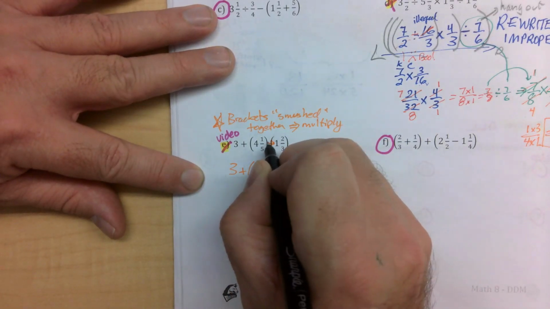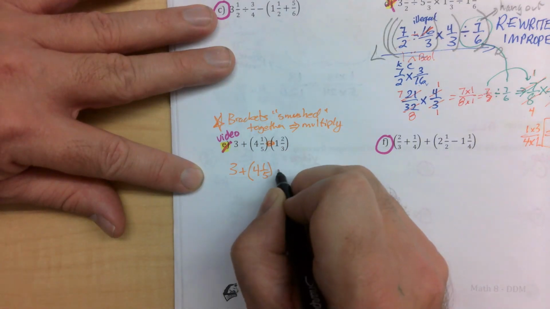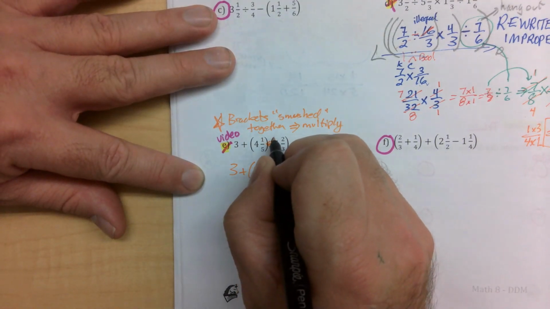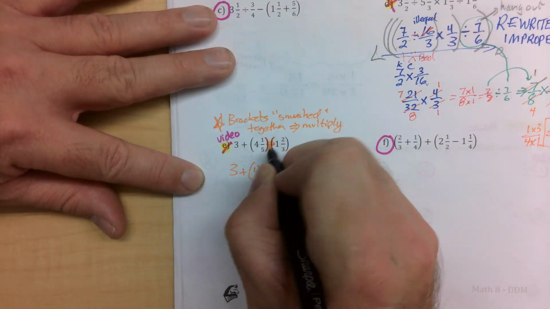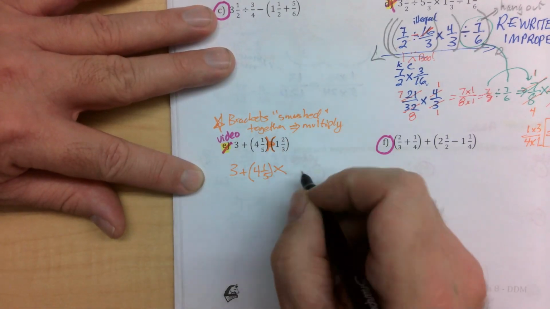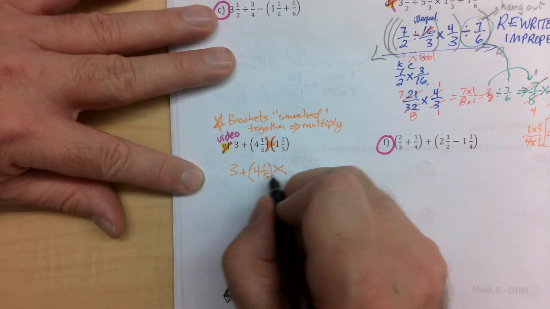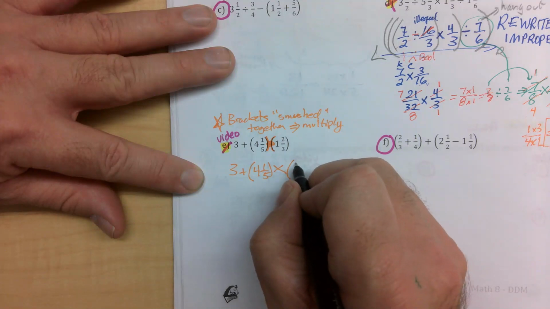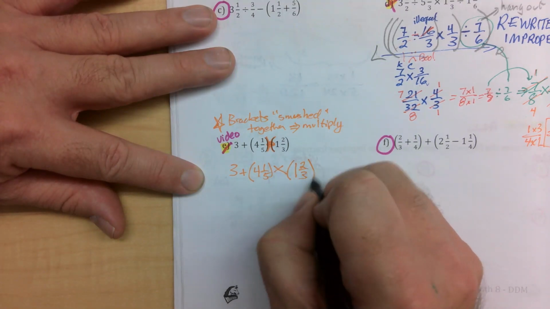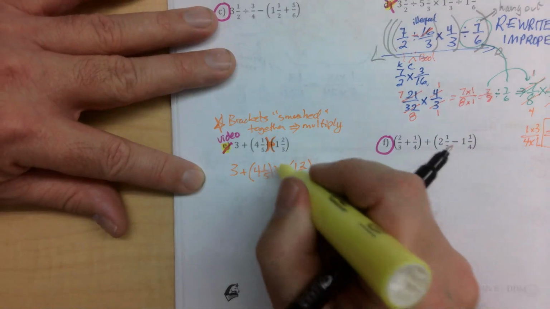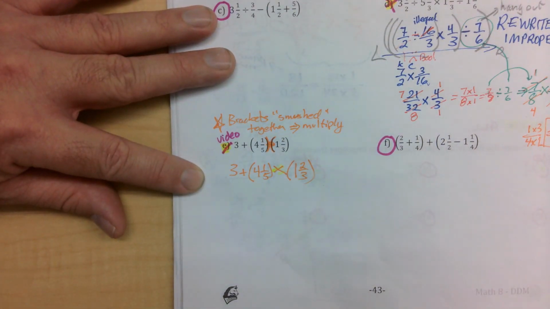That's not supposed to be a subtraction. I'm just saying they're smushed together. You can put a multiplication. When a bracket is butt up against another bracket, that's a multiplication sign. So if you want to put a multiplication sign in there because it makes you feel better, go for it.